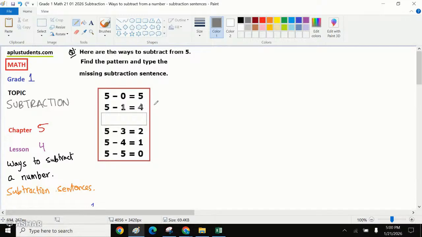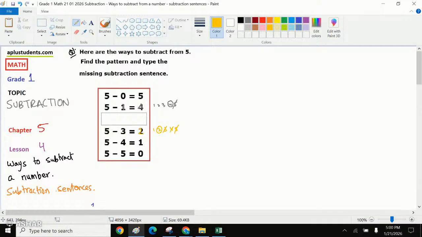Because we can confirm it by 1, 2, 3, 4, and 5. We subtract 1, we are left with 4. Agreed? 5 minus 3 would be, if we have the numbers 1, 2, 3, 4, and 5, if we subtract 3 numbers, that means we are left with a 2.